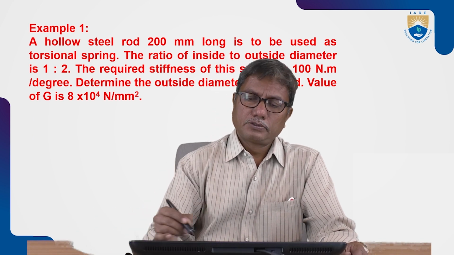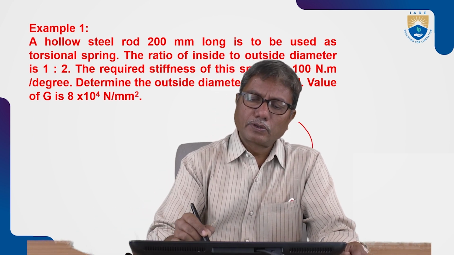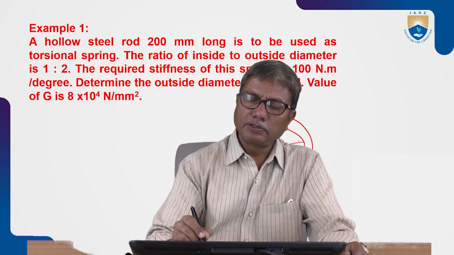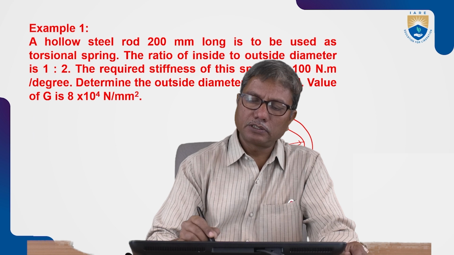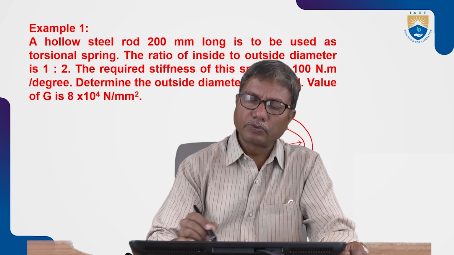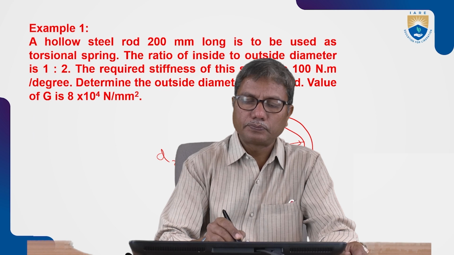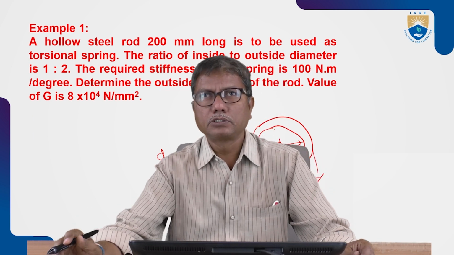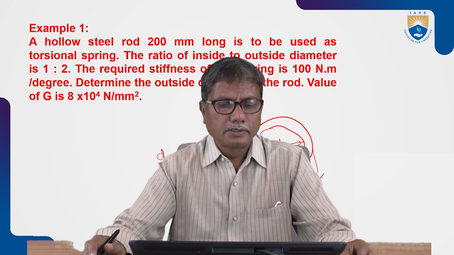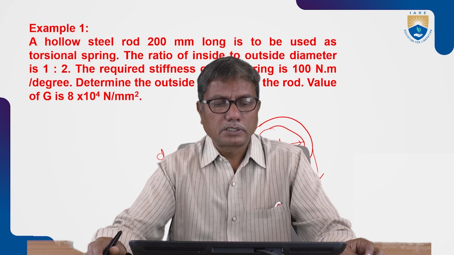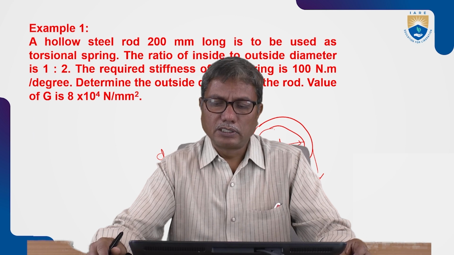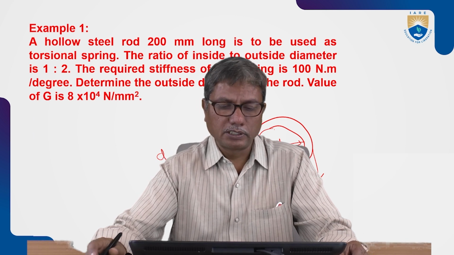Okay. So here, a hollow steel rod with internal diameter d1 and external diameter d2, which are in the ratio of 1:2, is used as a spring whose stiffness is to be 100 Newton meter per degree.